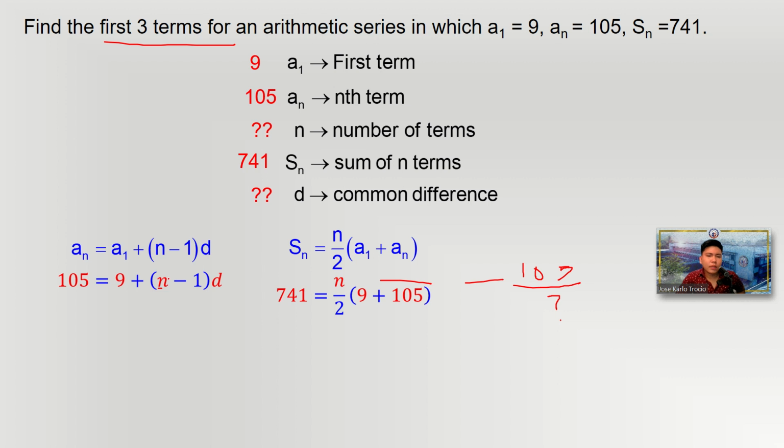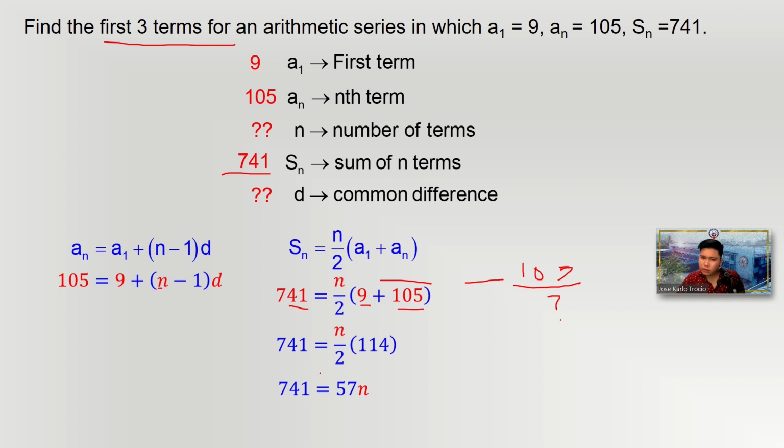So let us use these two equations, which help one another. You have n over 2. We know that a sub 1 is 9, a sub n is 105, and the sum is 741. Take note in the quizzes, it is up to you how to use these two. 105 plus 9 is 114. 114 times n, that is 114n divided by 2. 114 divided by 2 is 57n.